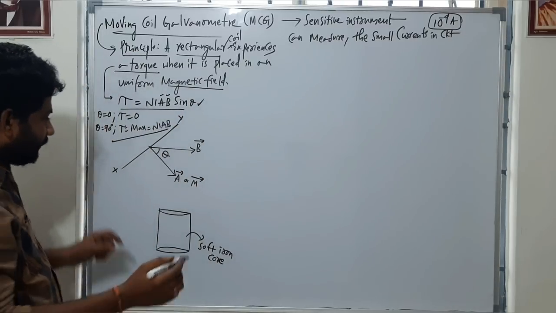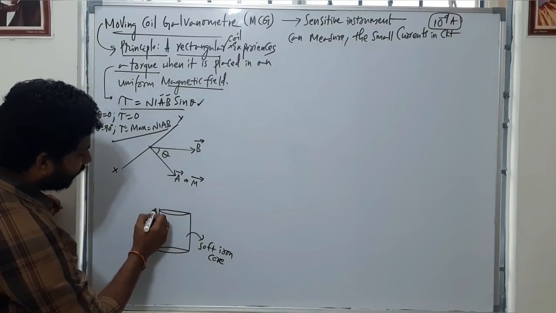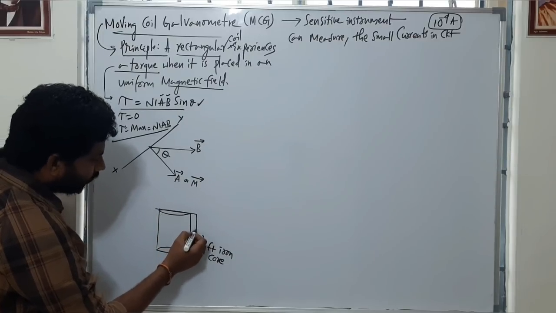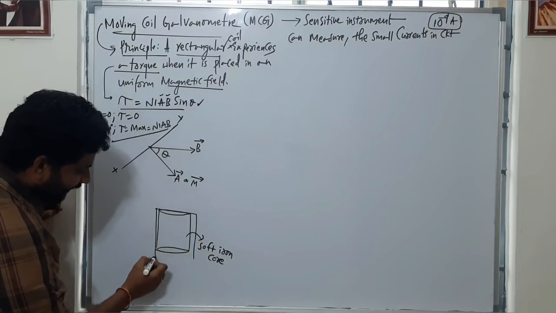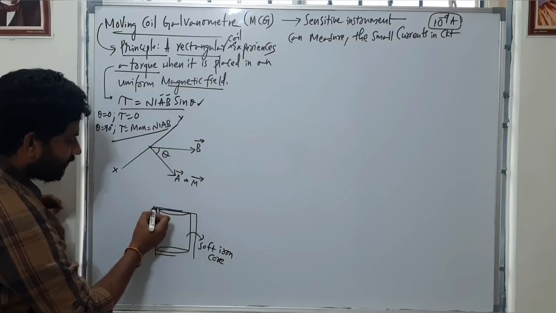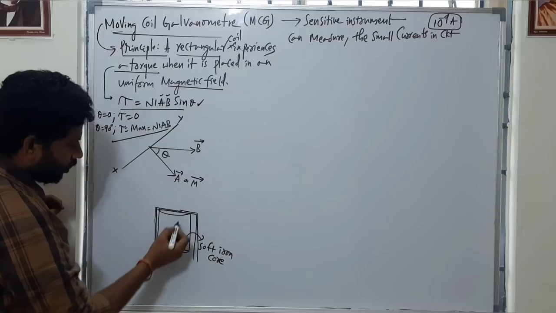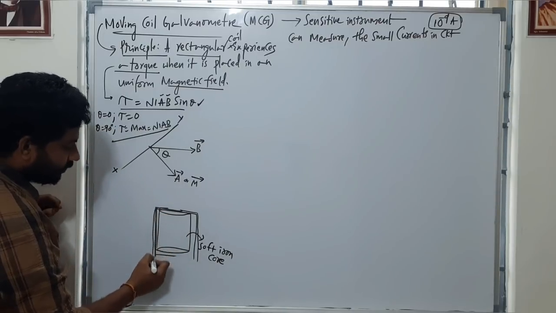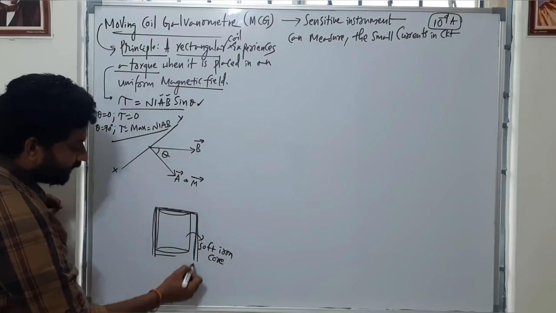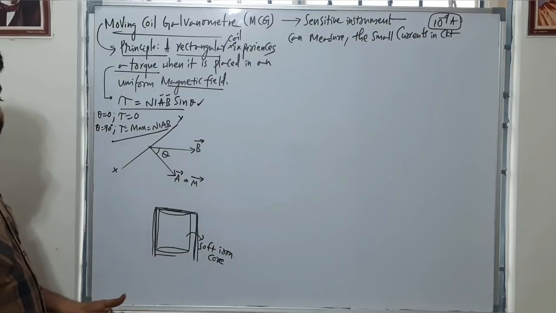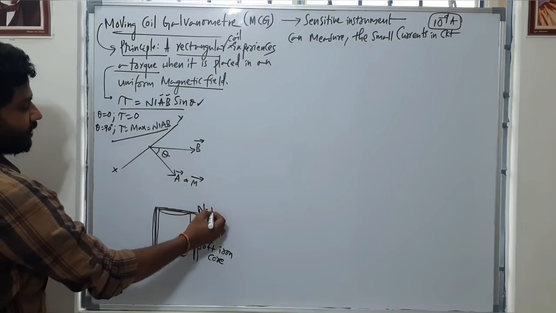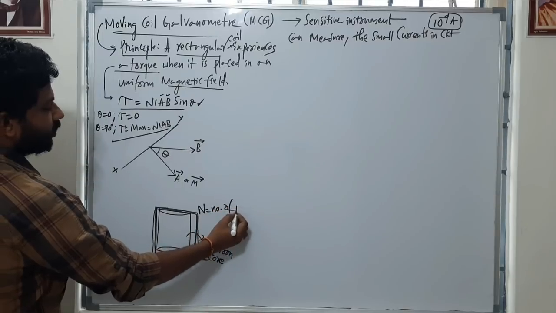On the cylinder, a rectangular insulated copper wire is connected, right? Which is fixed like this, you can see. A rectangular copper insulated wire which is called a rectangular coil of N number of turns. So N is the number of turns of this coil.